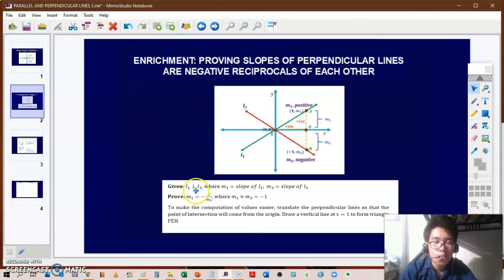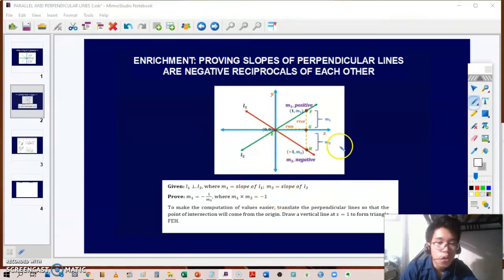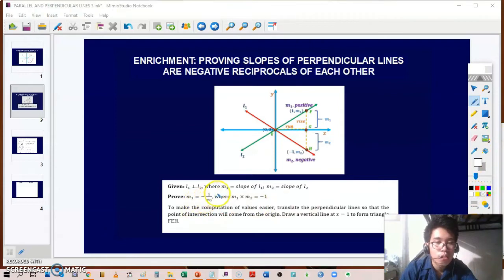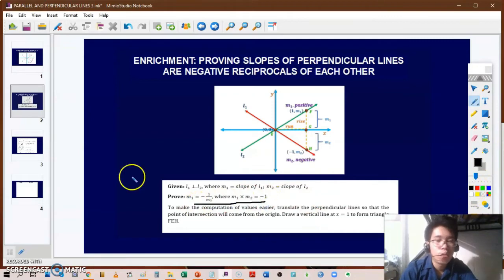Given line 1 is perpendicular to line 2, where m sub 1 is the slope of L sub 1 and m sub 2 is the slope of L sub 2, we need to prove that the slope of line 1 is equal to the negative reciprocal of the slope of line 2, where the slope of line 1, m sub 1, times the slope of line 2, m sub 2, is equal to negative 1. So how do we make a proof for that?